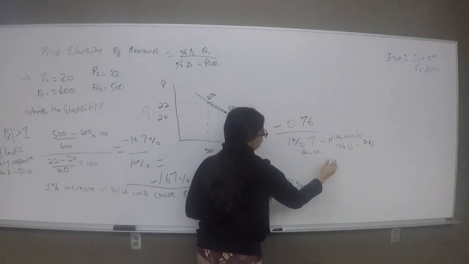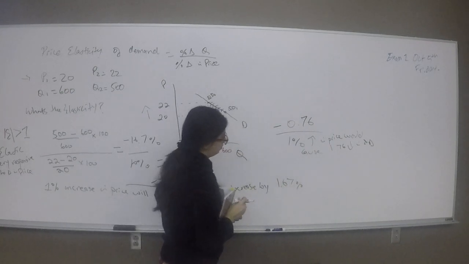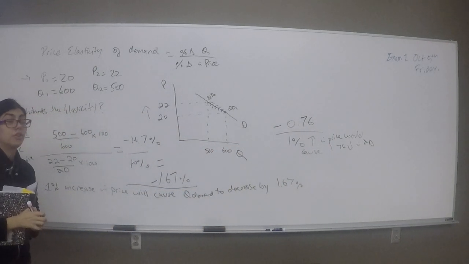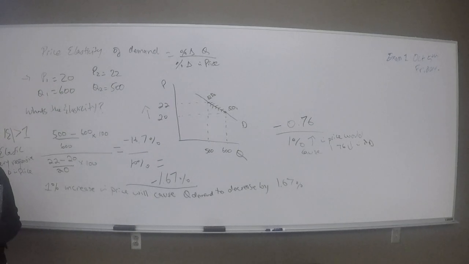Would it work the other way around too? So a 1% increase in quantity demand would cause a decrease in price of like 0.76, right?